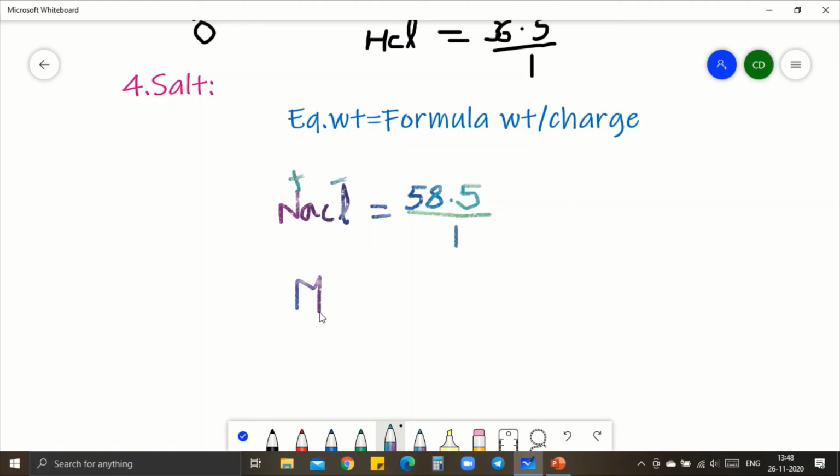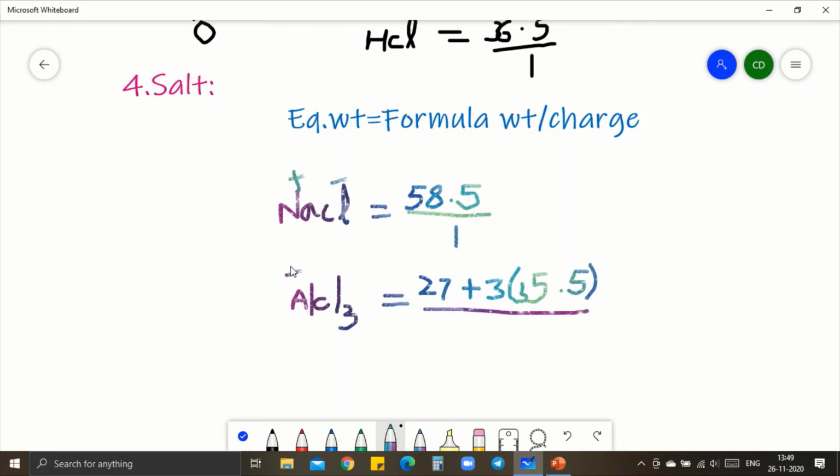Let's take MgCl2 or AlCl3. Its weight is aluminium, 27, plus chlorine, 3 into 35.5, divided by the charge. Here it splits into Al 3 plus and 3 Cl minus.